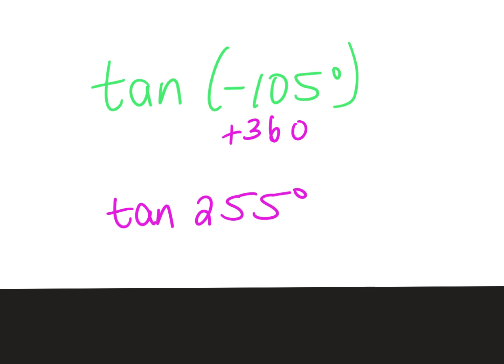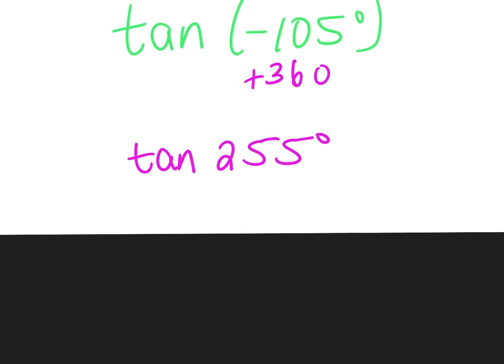Is 255 on the unit circle? No. So we need to find two angles that are going to add or subtract to give me 255. Give those to me. So 30 and 225.